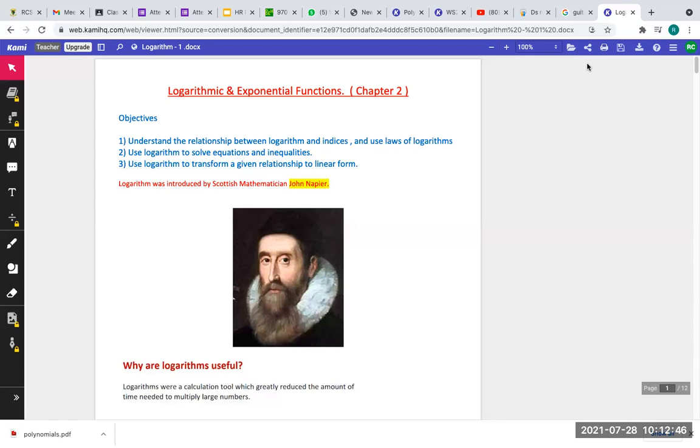Well, I'm pretty sure that you might have heard about exponential functions, which you have already studied in Sec 4 extended math and even in JC1 pure math a little bit, right? But logarithmic function, I'm sure that additional math students would have gone through this topic in Sec 4.